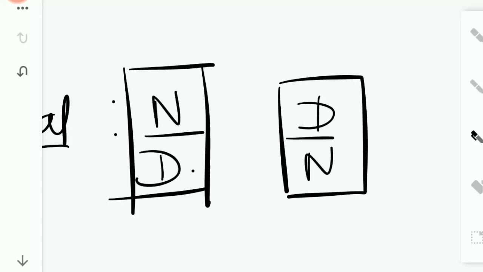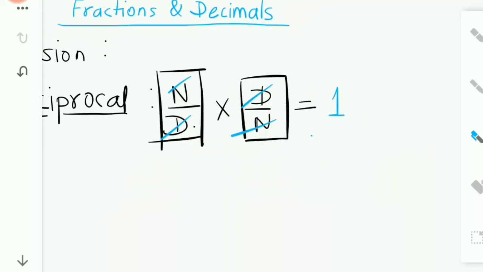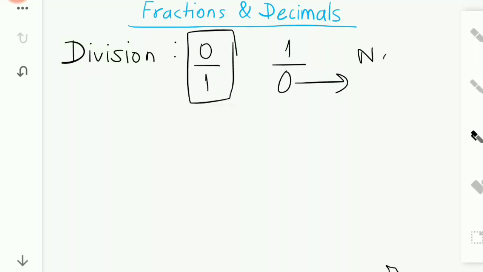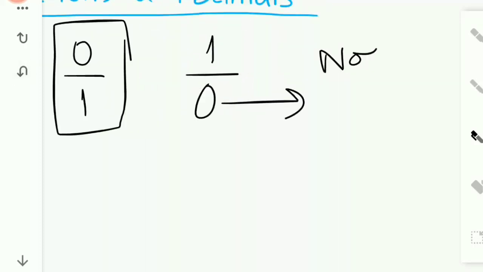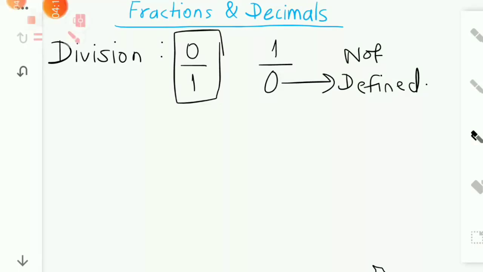So reciprocal is number which when multiplied to given number gives answer equal to 1. Now 0/1 does not have a reciprocal, because if I interchange numerator and denominator, it will be 1 divided by 0. But anything divided by 0 is not defined. So 0 is a number which does not have any reciprocal.